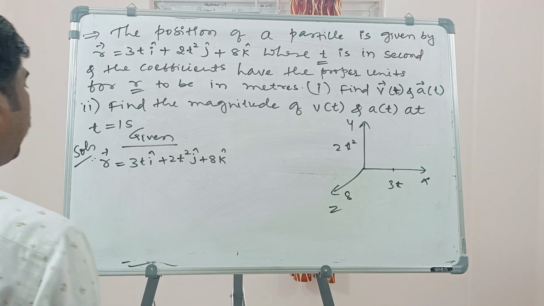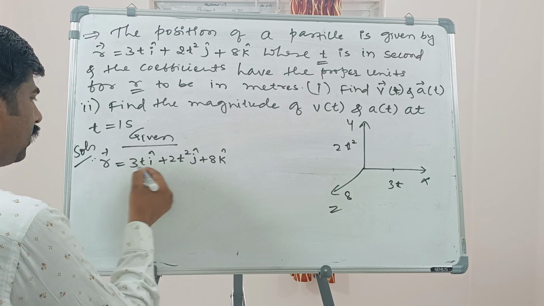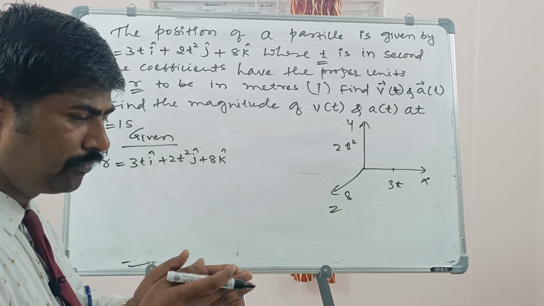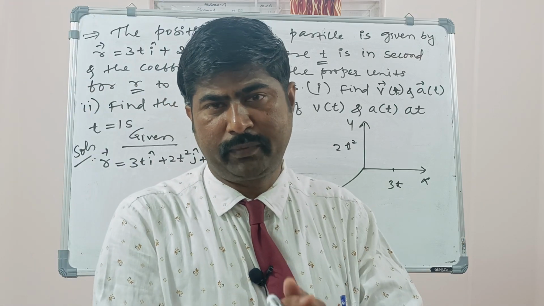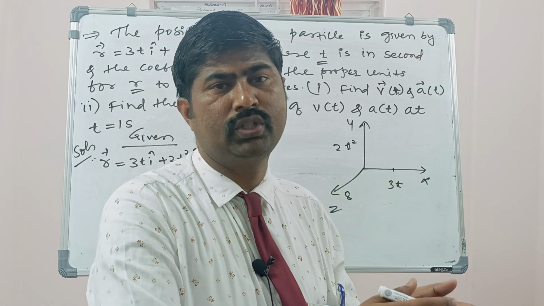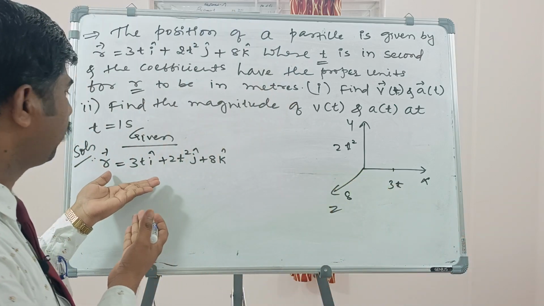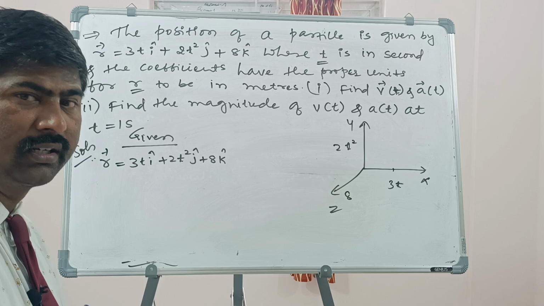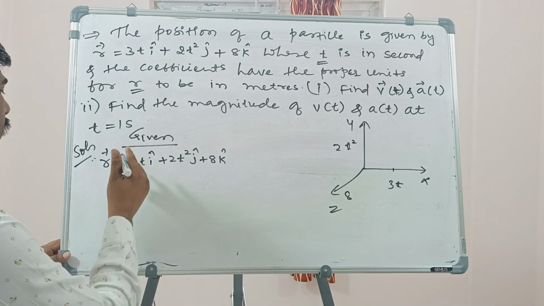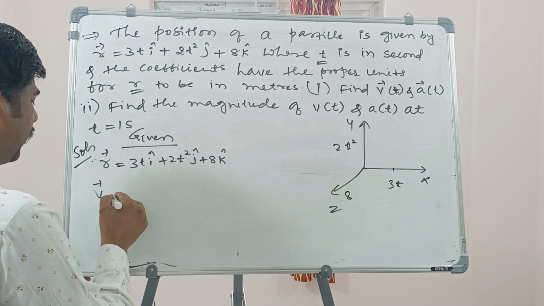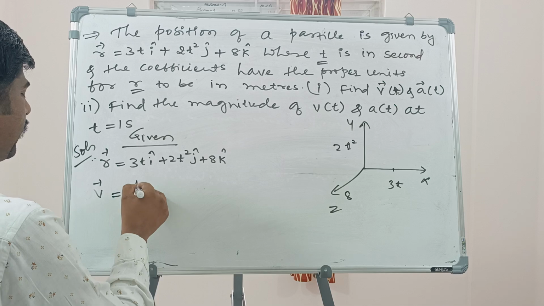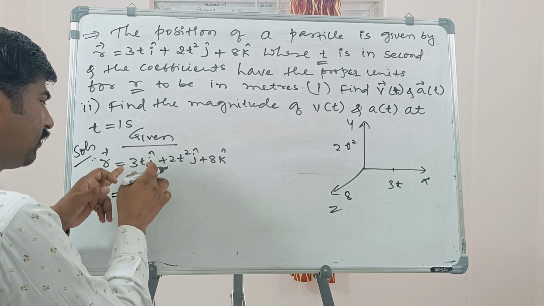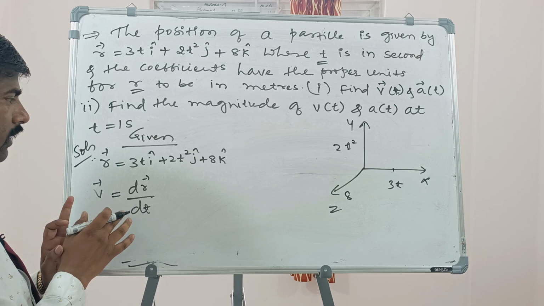Clear? Then coming to this, I told you, always if you go from position to displacement, of course, the rate of change of position gives what? Velocity, and again the rate of change of velocity gives acceleration. So we can write this velocity as dr by dt, because if you differentiate this, the rate of change of position gives velocity only.